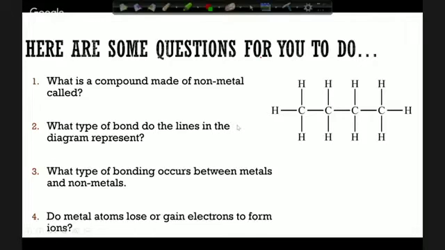Okay, another question that says, why can't metals gain electrons and non-metals lose electrons in ionic bonds? Now, that's a really good question. I try and think of it as what is it easiest for the atom to do? If you look at the periodic table, metals have 1, 2, or perhaps in rare cases 3 electrons in their outer shell.